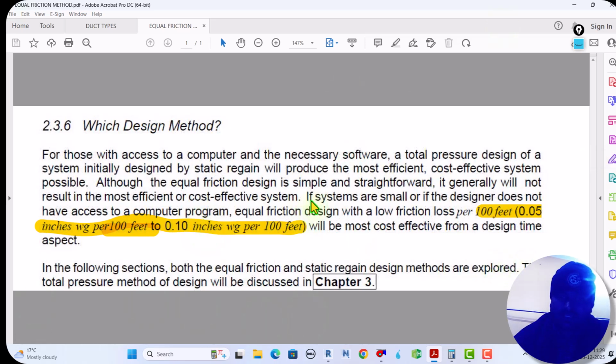But here it is given that if the system is small or the designer does not have access to a computer program, then we can use the value 0.05 to 0.1.